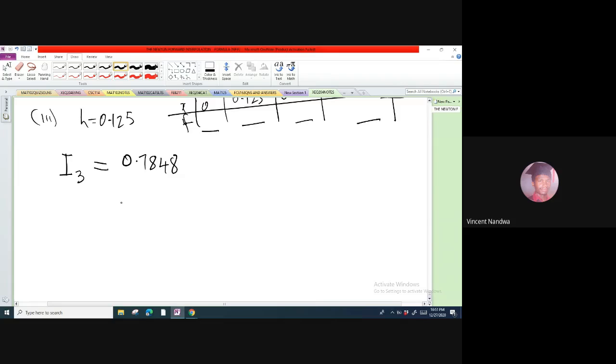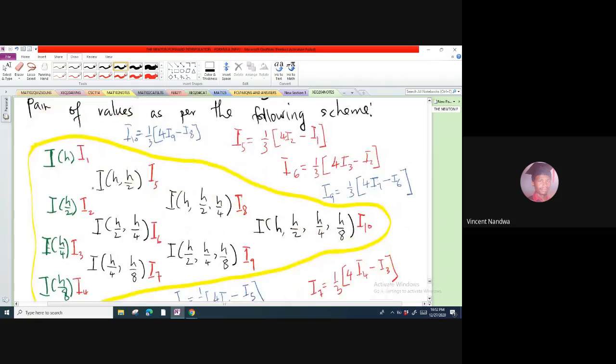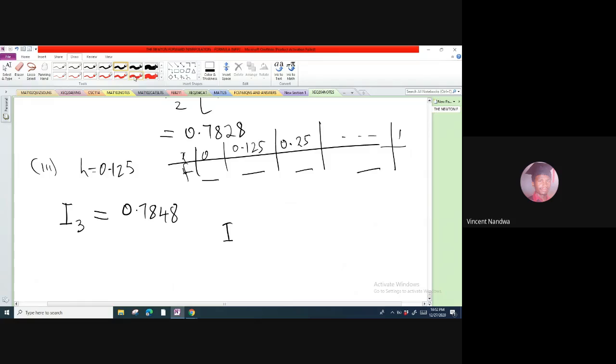So therefore now we can write the values. Just go back to the original table. We have I1, I2, I3. That's the original one. So this is the scheme.